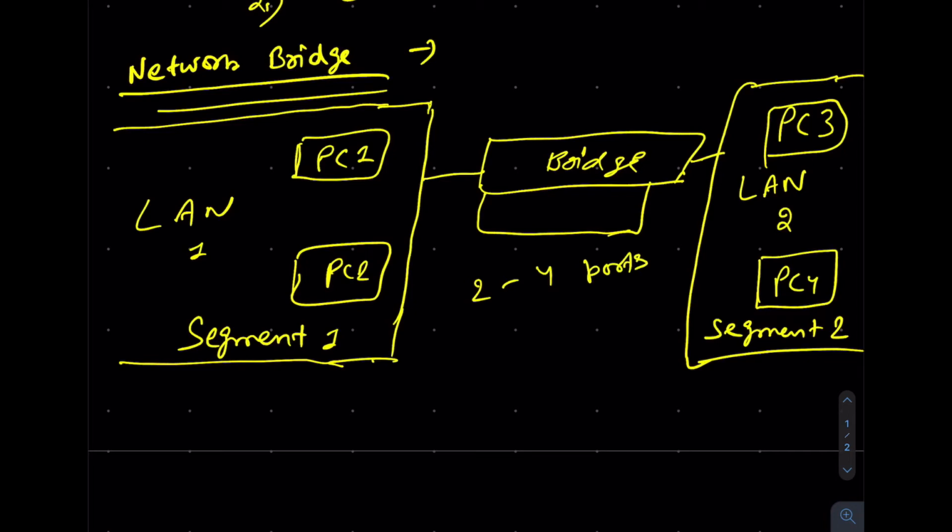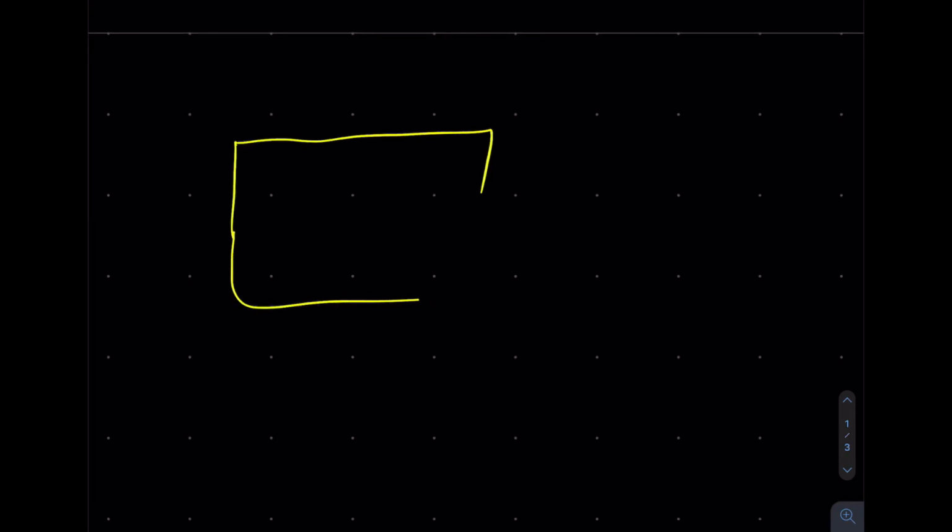Okay, so a bridge also works the same as a switch. It has ports, but a very limited number of ports. It can have only 2 to 4 ports. What it means is that it can only make a network segment into the bridge.